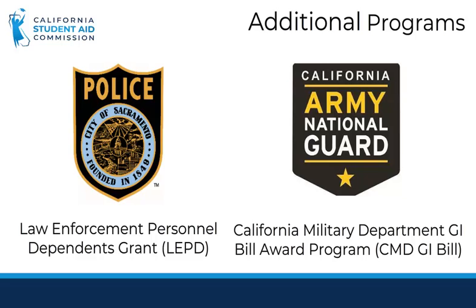This program authorizes the Student Aid Commission to make payments to accepted eligible program participants. Participants can receive up to the amount of the Cal Grant A Award for attending the University of California or the California State University, and up to the Cal Grant B Award for attending a community college, or up to the University of California Cal Grant A amount attending a non-public institution.